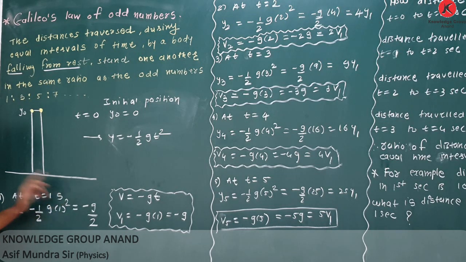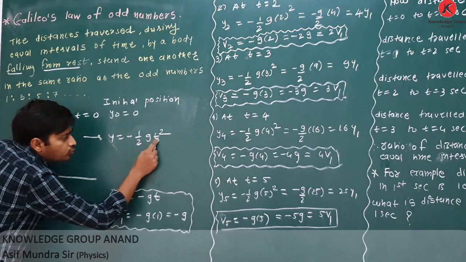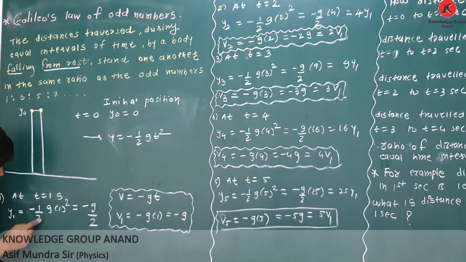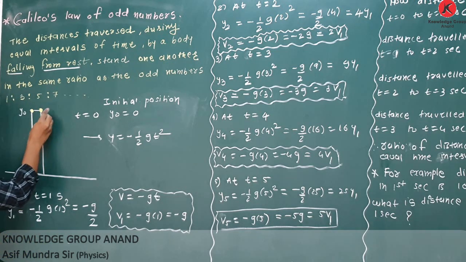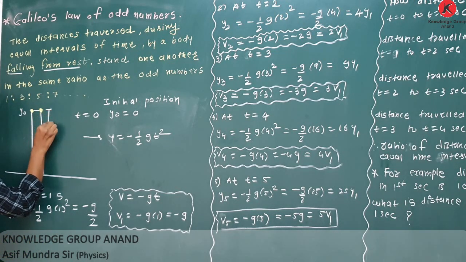At time t equal to 1 second, y1 is equal to, in this equation you put t equal to 1, so minus half g times 1 square. 1 square is 1, so it is minus g by 2. Clear?